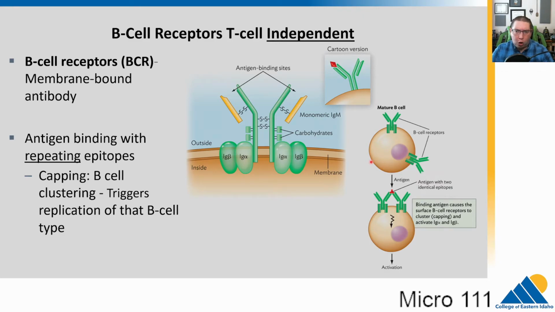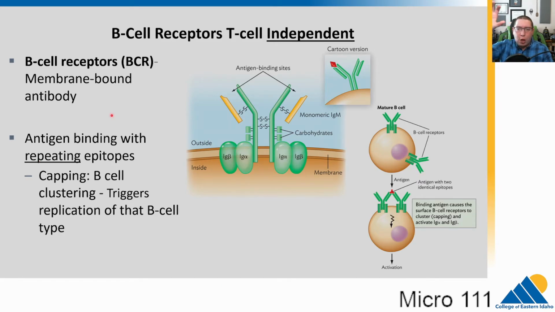So how does this work? Well, the B cells rely on a special type of receptor called the B cell receptor. It functions in two ways. There is a mechanism of activating B cells that does not need T cells. We call this T cell independent. This only works for very specific types of antigens, like carbohydrates, that have a very repetitive structure.